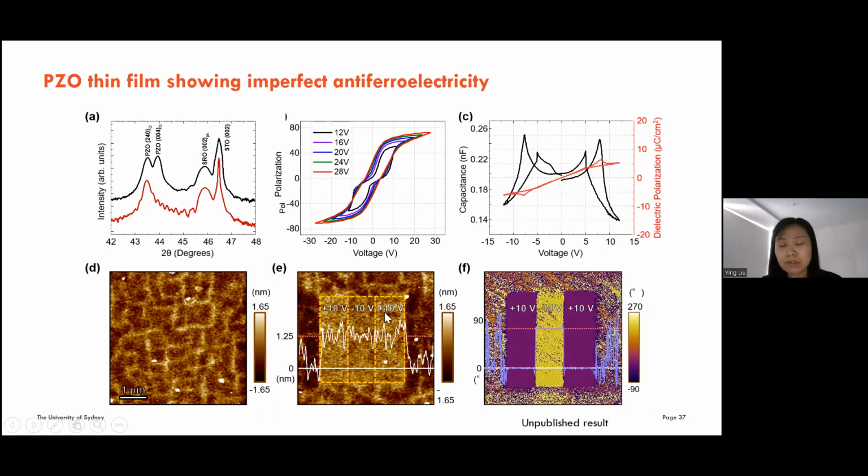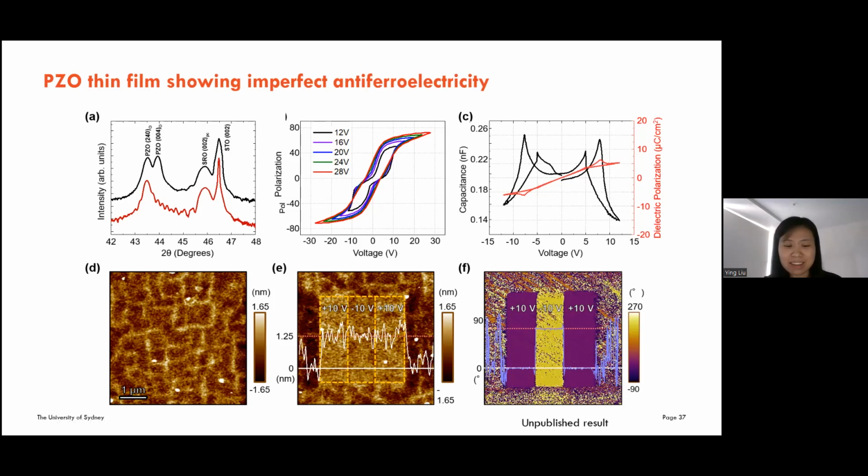Then, using piezo response microscopy, we applied voltages of positive 10 volts and negative 10 volts. We found that the amplitude shows an increase, and the phase shows an upside-down flip of about 180 degrees, which suggests ferroelectric-like behavior.